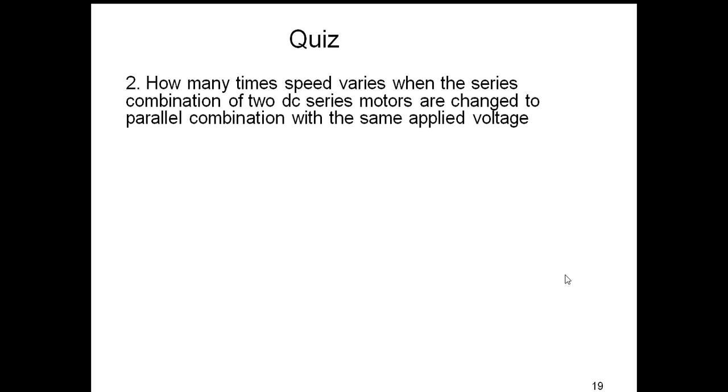Now the second question is, how many times does the speed vary when the series combination of two DC series motors is changed to parallel combination with the same applied voltage.